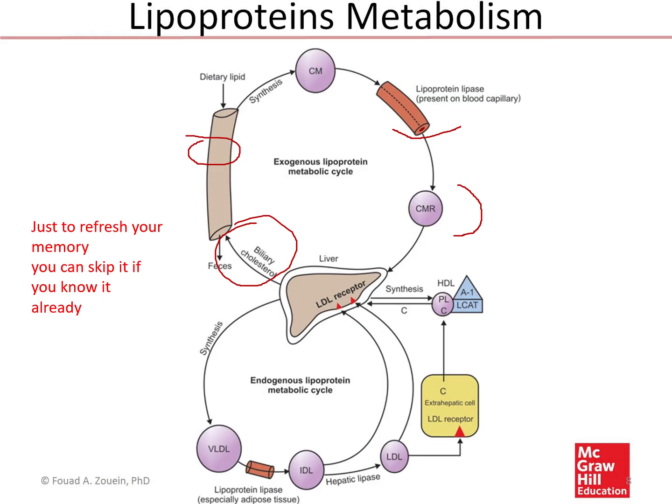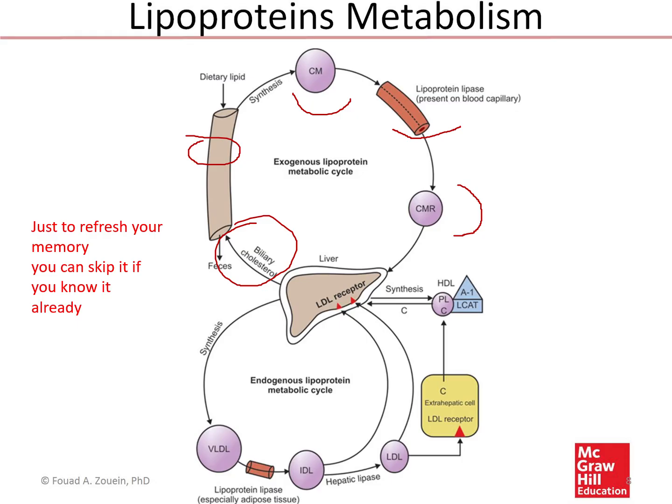On the other hand, we have another pathway called the endogenous lipoprotein metabolic pathway. When we talked about the CM, we talked about chylomicrons. Chylomicrons basically take triglyceride from the diet to the tissue, and cholesterol from the diet back to the liver.